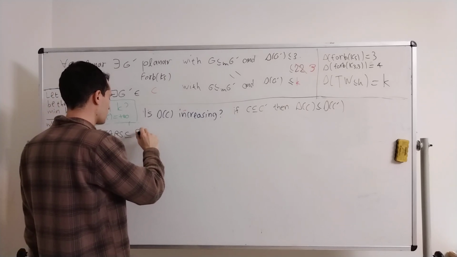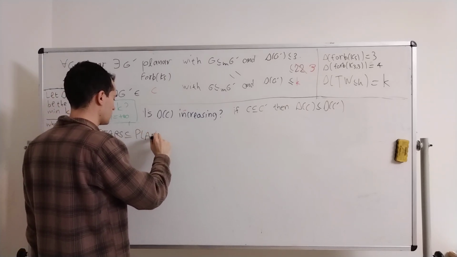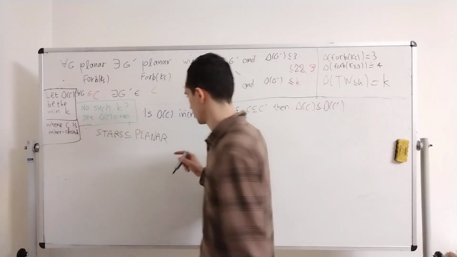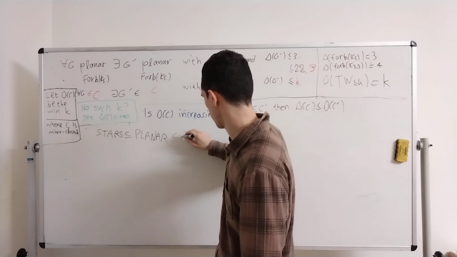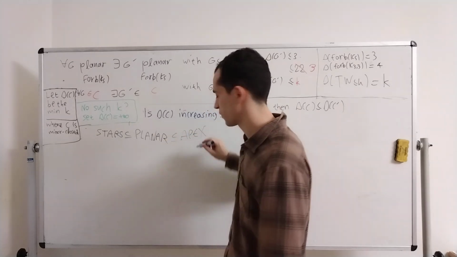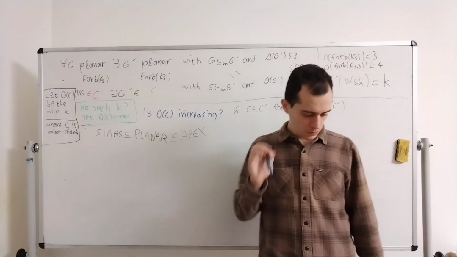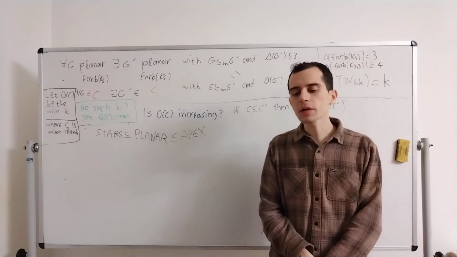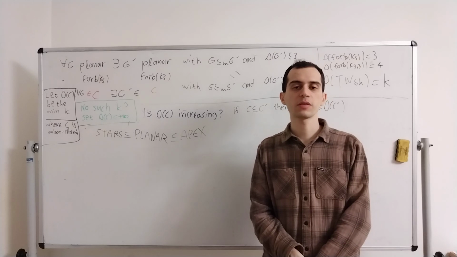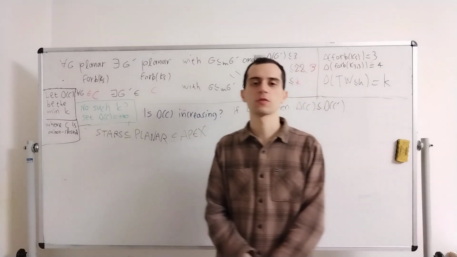We can as well pretend that it's the same. So stars is in the class of planar graphs, which is in the class of apex graphs. A graph is apex if and only if it is planar or it becomes planar after the removal of a single vertex.